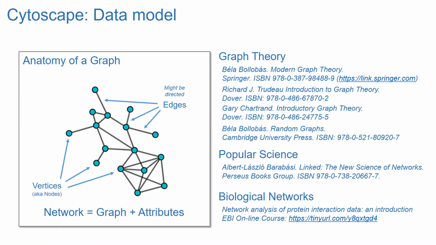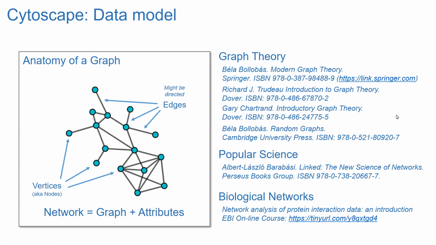I just gave a pointer to a relatively old popular science book about networks, and there's quite a few of those you're gonna find on Amazon or wherever. So those things are much more readable than whatever is here. And the biological context is pretty well described. Under this link, this is an online course run by EBI in England, next to Cambridge, where they provide a lot of information about biological interpretation of networks.